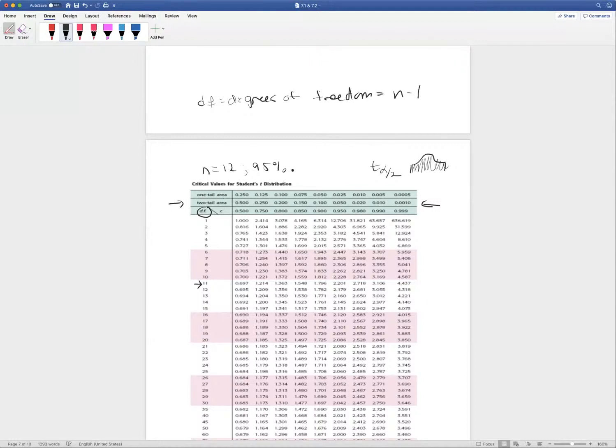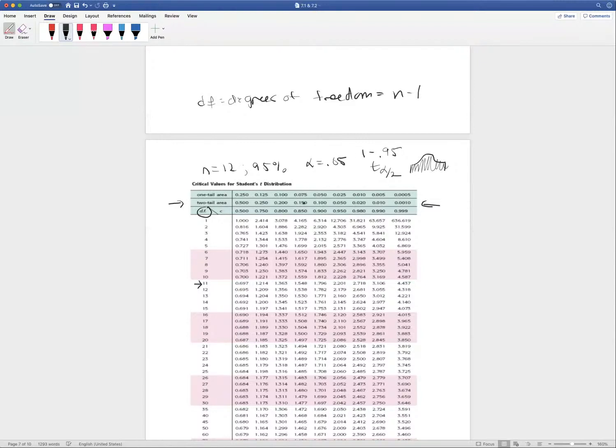Now, we need to use 95%. We want to be 95% confident, which means our alpha level is 5%, so alpha is equal to 0.05. Alpha is the same as 1 minus our level of confidence, or 1 minus 0.95. So if we want to be 95% confident, our alpha is 100% minus 95%, which is 0.05.